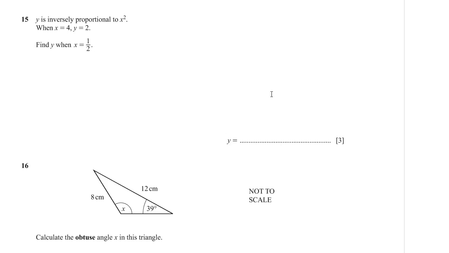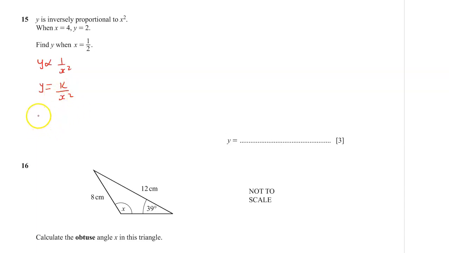Number 15, y is inversely proportional to x squared, and when x is equal to 4, y is 2. We remove the proportionality sign by an equal sign, and introduce a constant k right there.